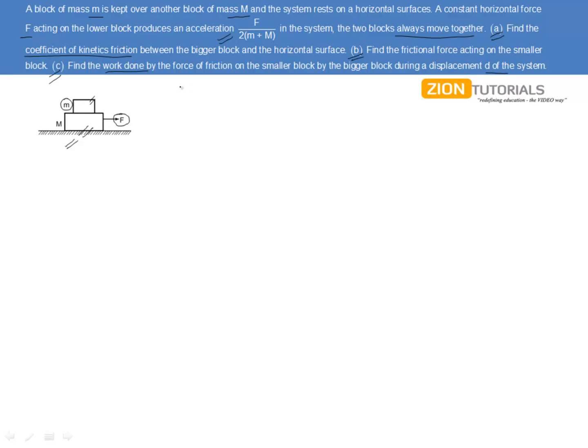Right? So, proceeding ahead with the question, we have been given the acceleration being force upon 2M plus m, and if we draw the free body diagrams, then we can show the bigger block as having the force F to the right, the friction F1 on the left, and the friction F2 on the left with an acceleration a ahead.